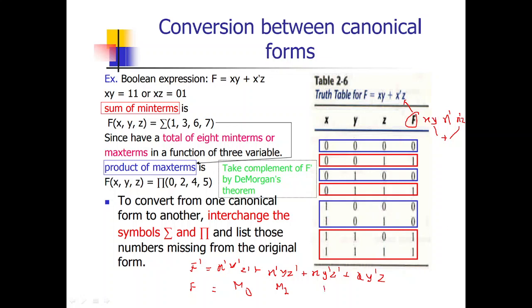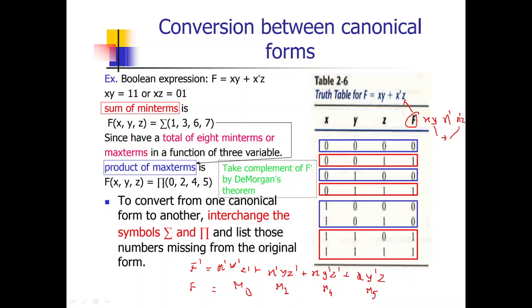So this is capital M4. And x y dash z is considered as x dash plus y plus z dash. So this is capital M5. Okay, so this is the product of max terms.